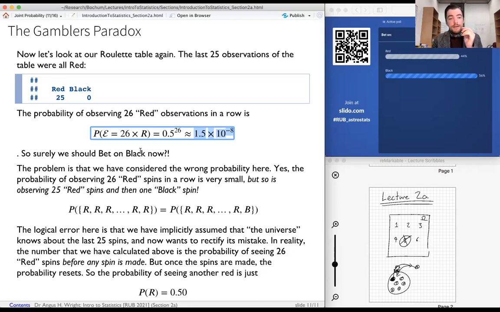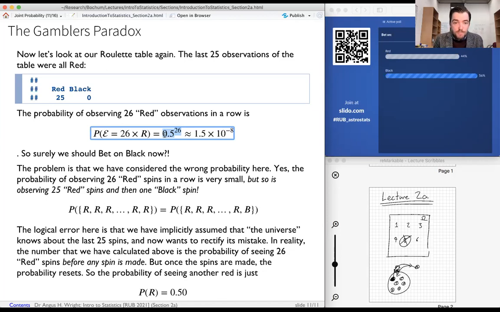Okay? The problem is that this probability that we've just calculated is not the relevant probability to look at. And that's because observing 26 reds in a row, you're absolutely correct, is very unlikely. But observing 25 reds and then one black is exactly as unlikely as observing 26 reds in a row, from our probability, right?